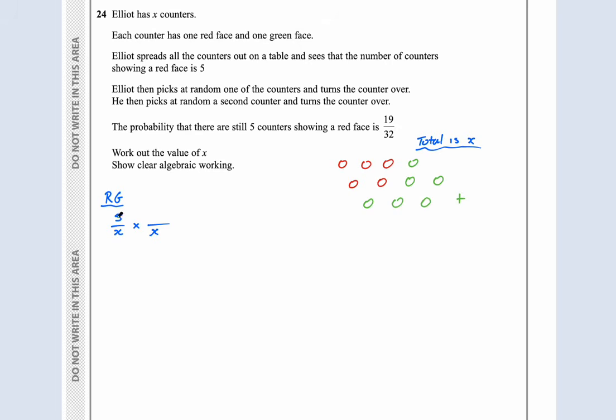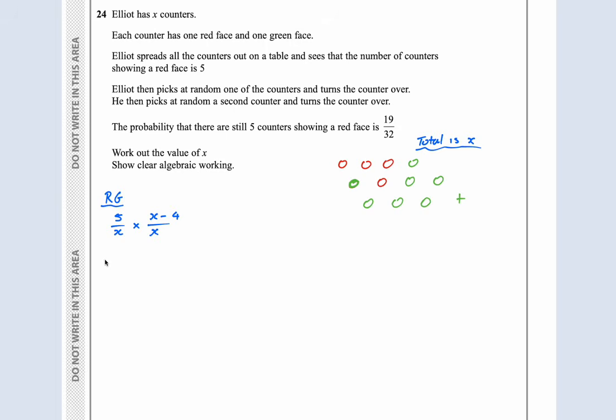Because he's going to turn over a red here, we have to assume he's turned over that red. So once he's turned over that red, how many greens are now left? Well, there's X in total minus the 4 red. So it's X minus 4. That's the probability that he turns over a red and a green.